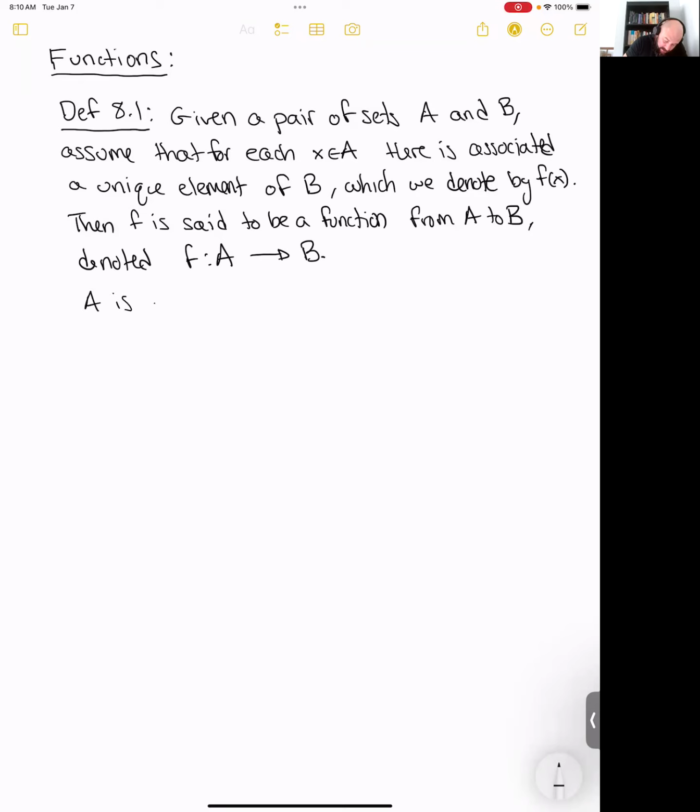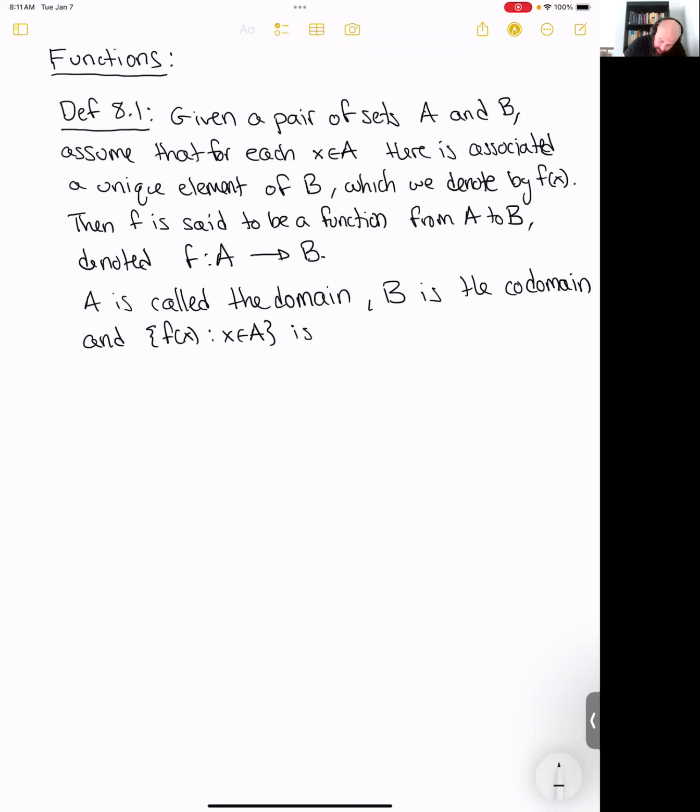So now A is called the domain. B is the codomain, and the set of all images under f for points in the domain is called the range.